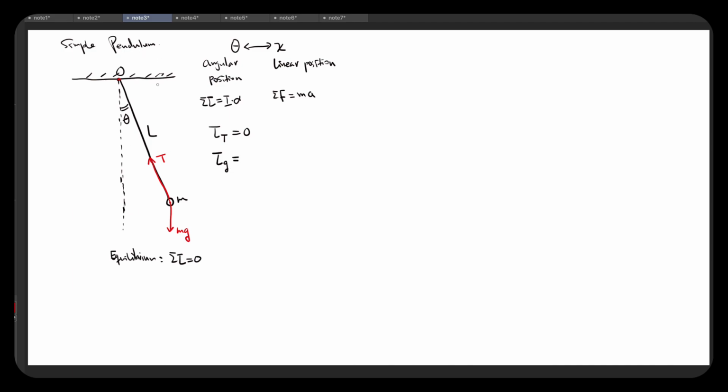So let's figure out how we can calculate its lever arm. So we need to extend the line of action, the gravity's line. It's this vertical line, right? And then the lever arm is given by drawing a perpendicular line from the rotation axis toward the line of action.